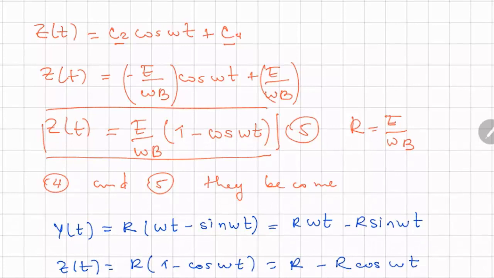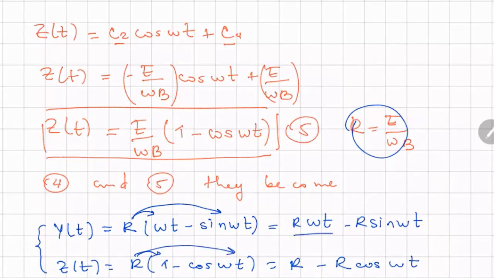So here what I did is I wrote the equations y and z, writing E dividing wB as r. Okay, and we got these two equations. And here I distributed this term r with the terms that are in the parentheses, and we get these two equations.